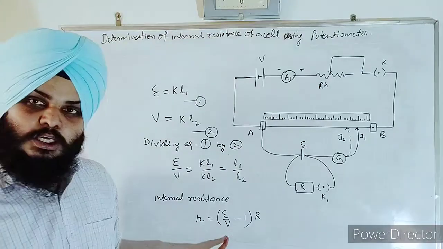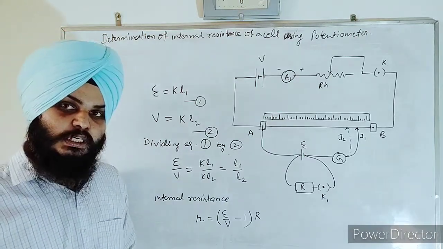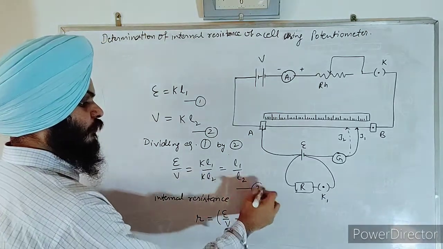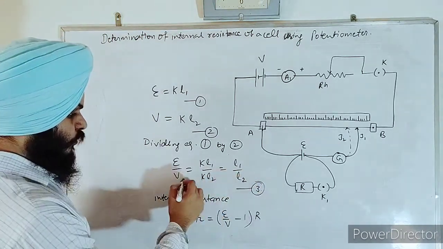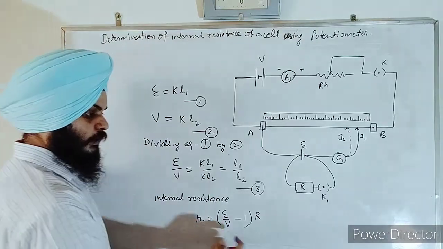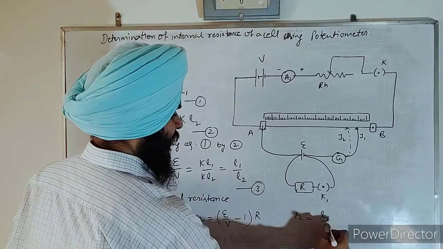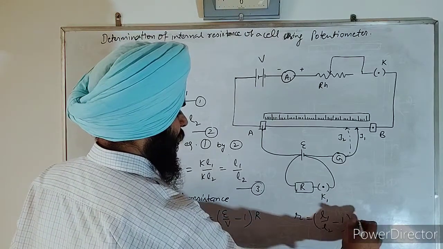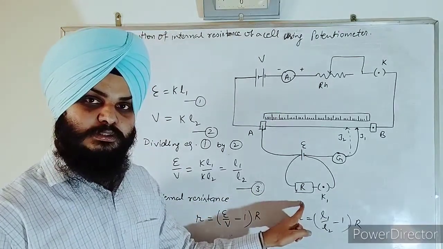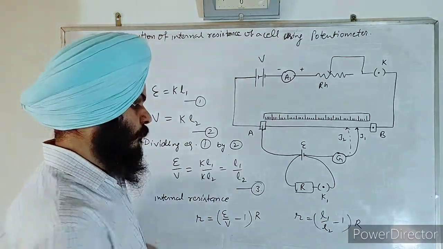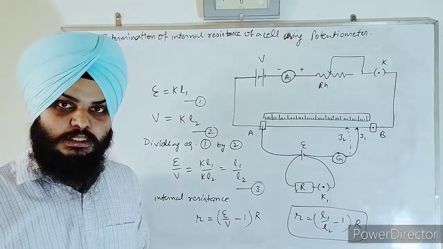Here we need the value of capital E by V, and we got this value in equation number 3. Now put this value of E by V in this equation, and we get r is equal to L1 by L2 minus 1 into capital R. Capital R is the value of the resistance which you have included. So by using this formula you can calculate the internal resistance of the cell.